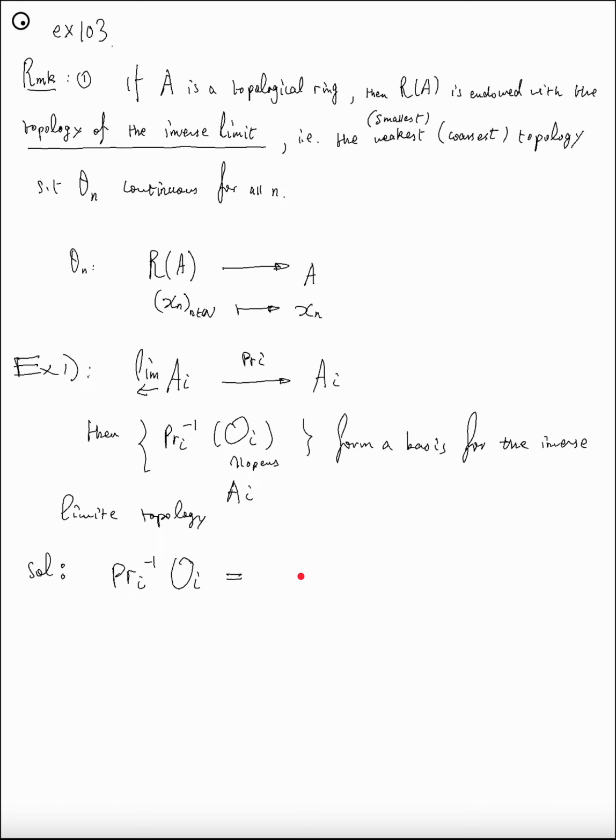This is exactly, I would say, the intersection of this with A_1 product A_2, except here we have O_i, and then A_{i+1} product and so on.